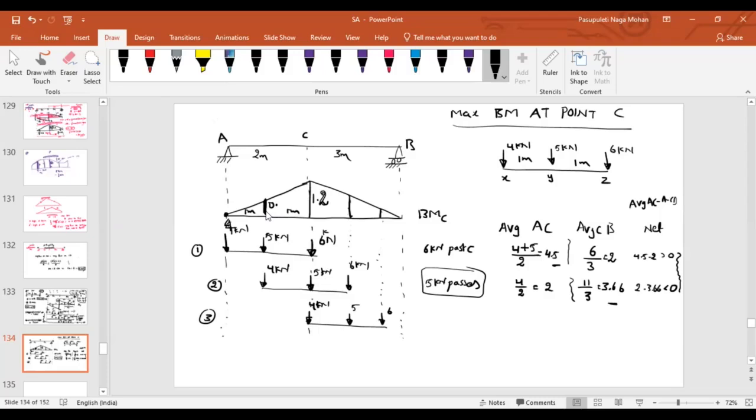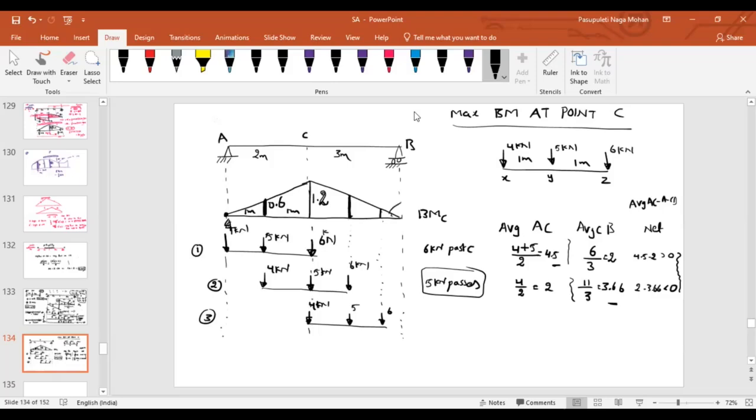Is it 0.5? No, sir. One, sir. The ordinate is 1.2 by 2. How much? 0.6. 1.2 by 2, 0.6. We should not commit mistakes.